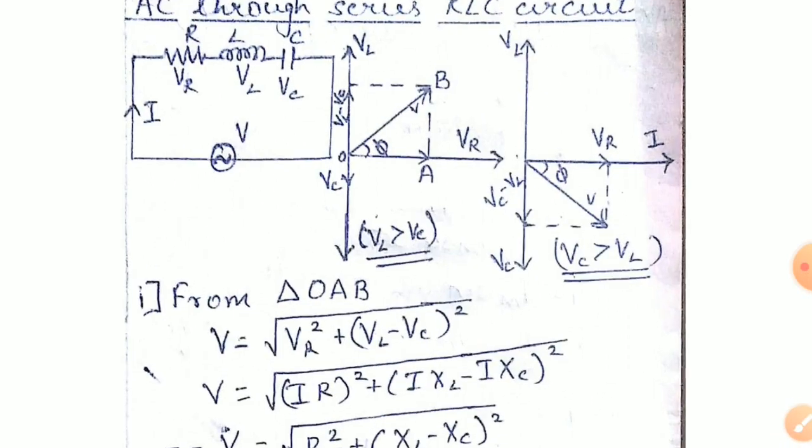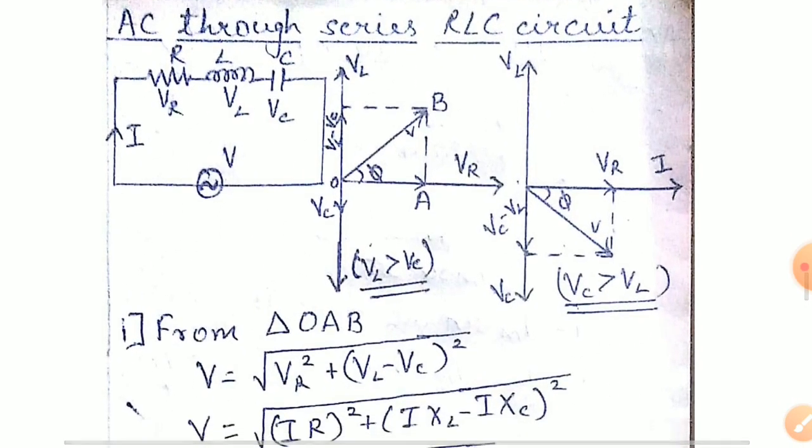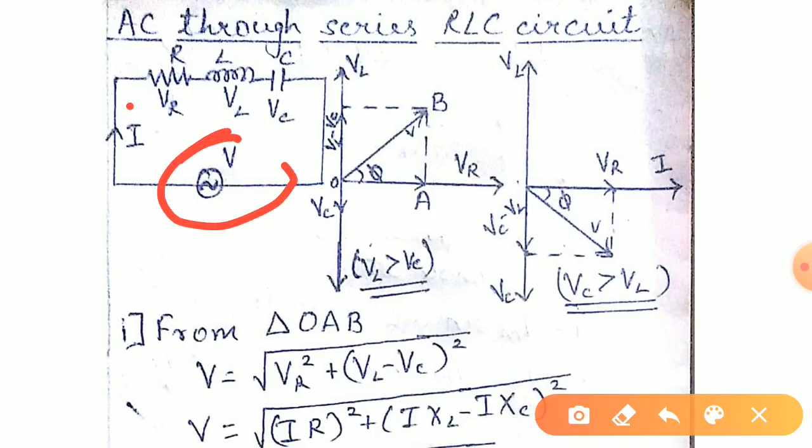Similarly, for circuits having R, L and C components in series with an applied voltage V, the same current I flows through the circuit.